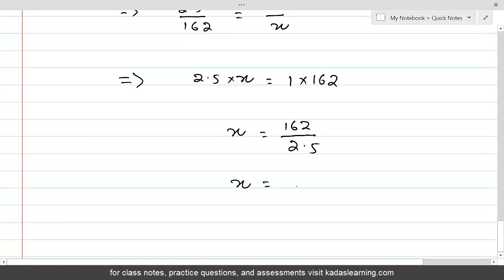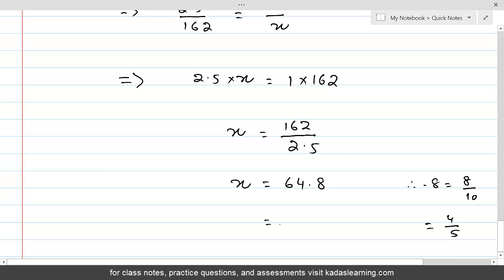x equal to 64.8. If we change 0.8 into a fraction, this would become 8 over 10, and if we divide the numerator and denominator by 2, its equivalent fraction would be 4 over 5.